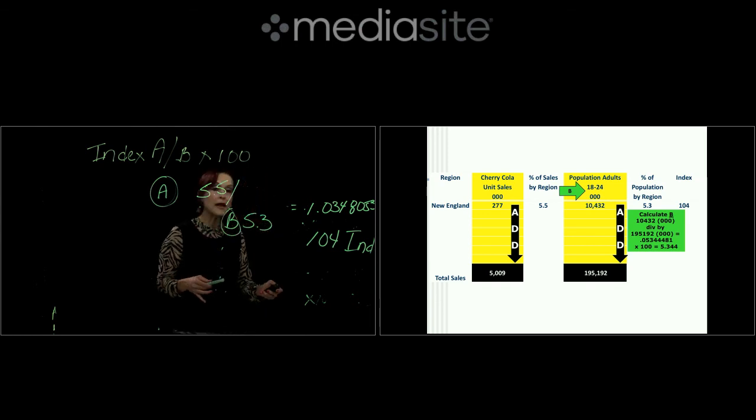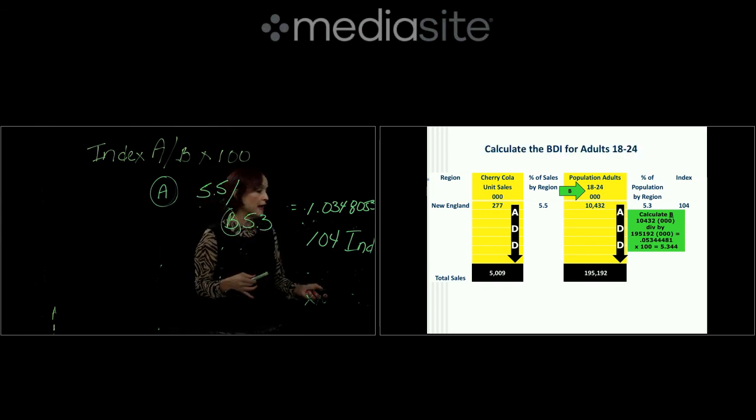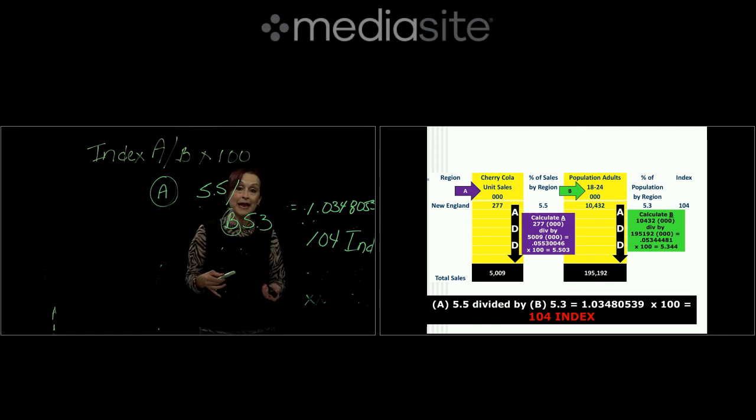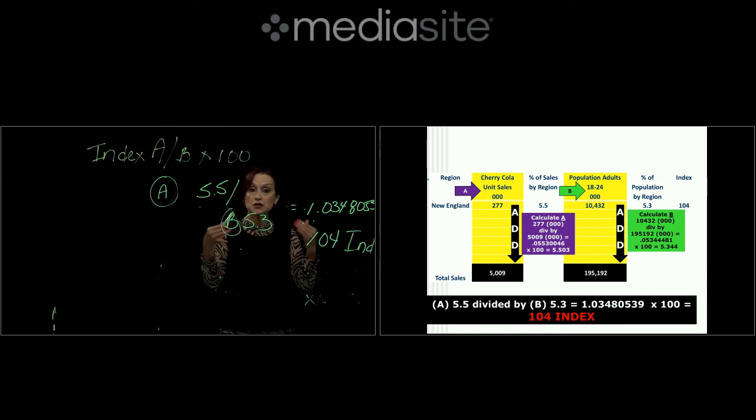So again, make sure that you understand the steps to calculate the A and the B and divide the results, A divided by B, multiply times 100. And remember, you have to understand these numbers and then follow the steps. After you do that calculation for all the regions in your chart, answer these questions.